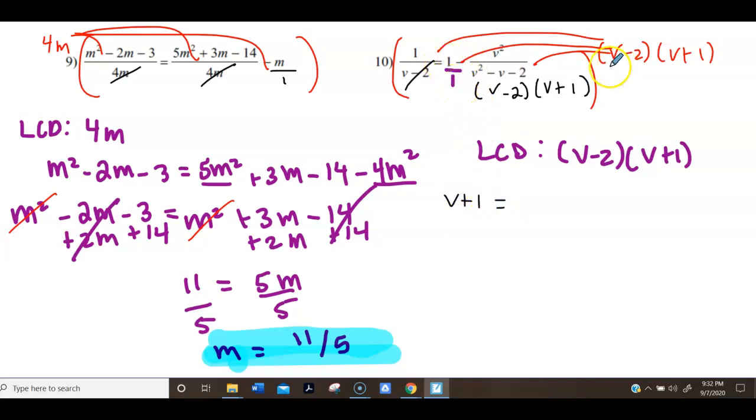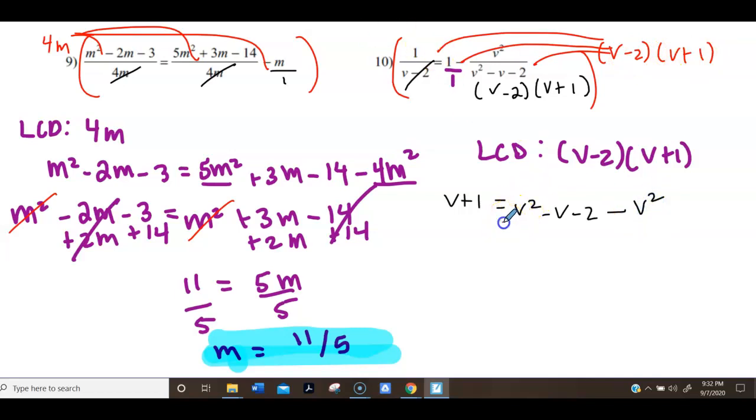Nothing cancels with the 1, so I have to write both of these. I'm going to write them multiplied out as V squared subtract V subtract 2. Subtraction, and then both of these cancel with both of those, so it's just subtract V squared.